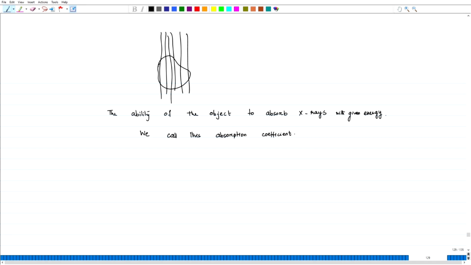In mathematical terms, it is a function which varies from point to point within the object, and usually we take that it vanishes outside it. Okay. As we have noticed, the bone absorbs the maximum, which is why we can figure out even with a simple X-ray whether we have a fracture or not.